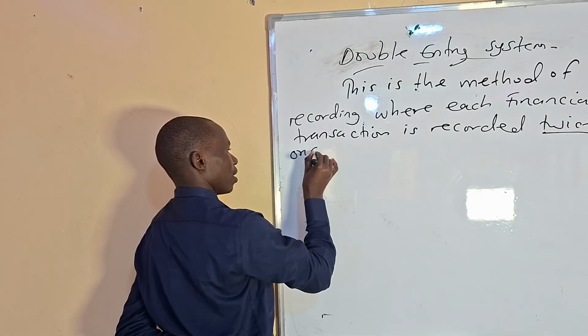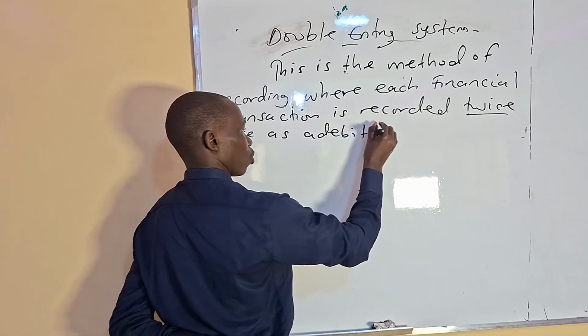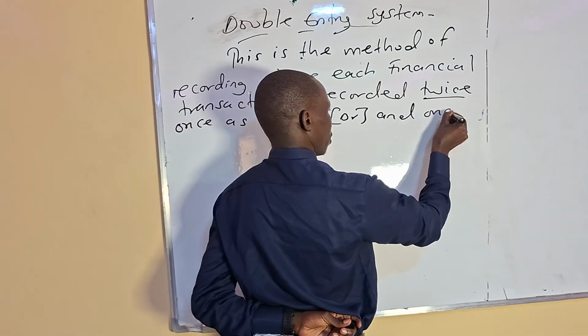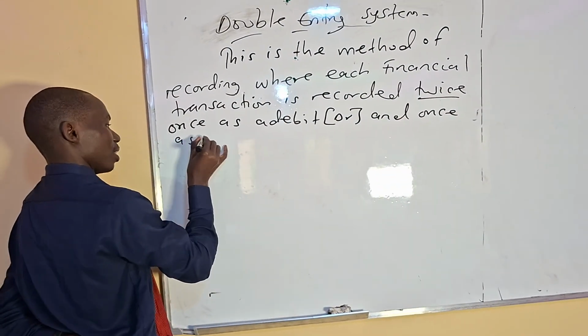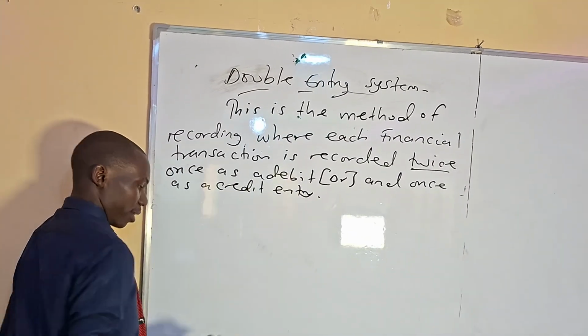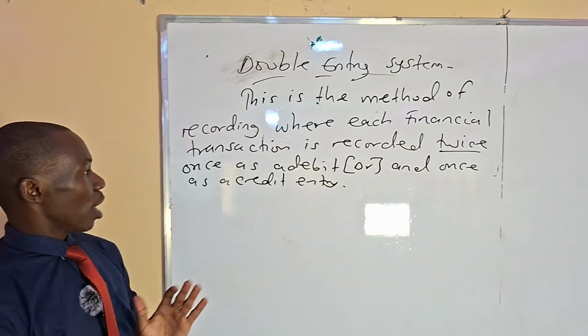Once as a debit entry, we shall see these concepts as we move on, and once as a credit entry. Yes, though I'm saying we record it twice, you don't go to the debit side and then record the same transaction again.